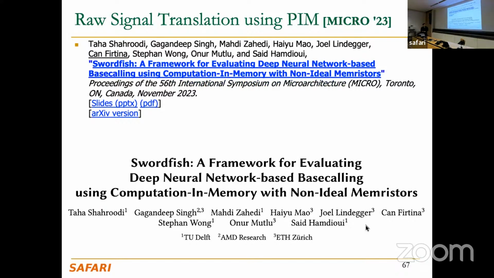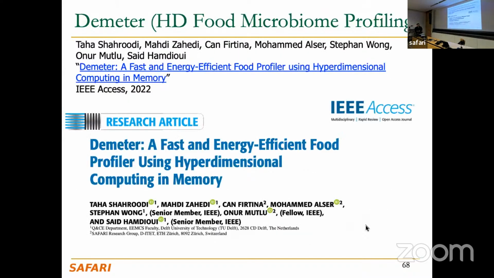We also focus on how we can perform the base calling step using emerging technologies, for example, memory-centric devices, fully using analog computation rather than using other approaches. These approaches are mainly based on Kirchhoff's law and Ohm's law, where you do the multiplication and addition using analog computation.